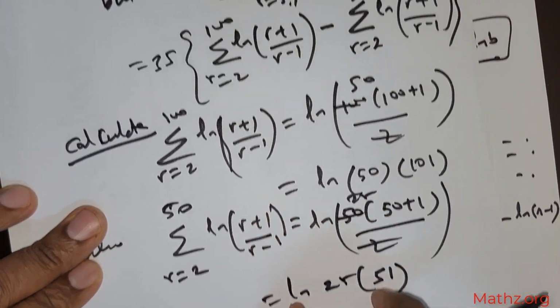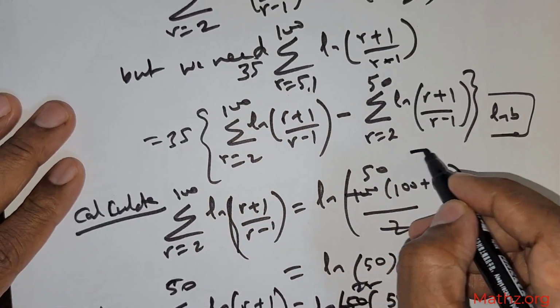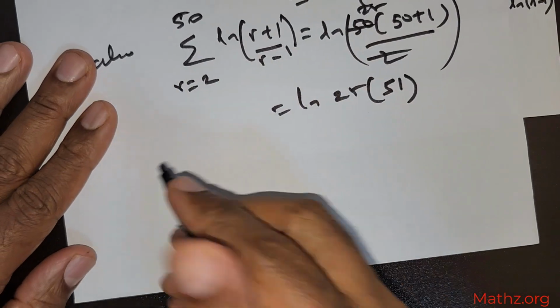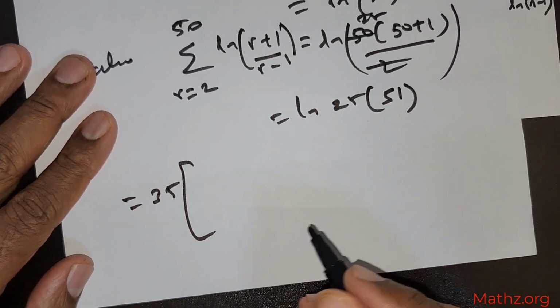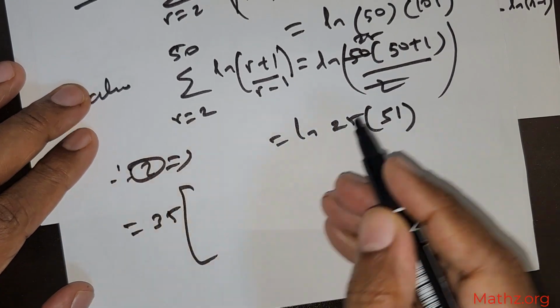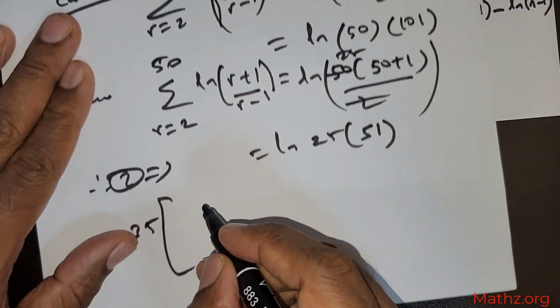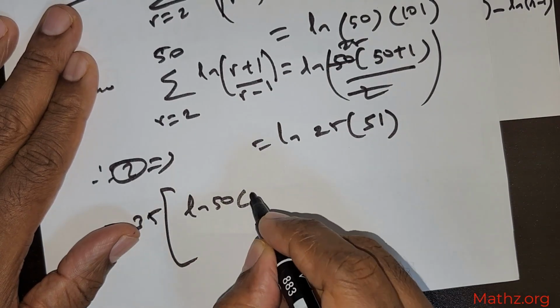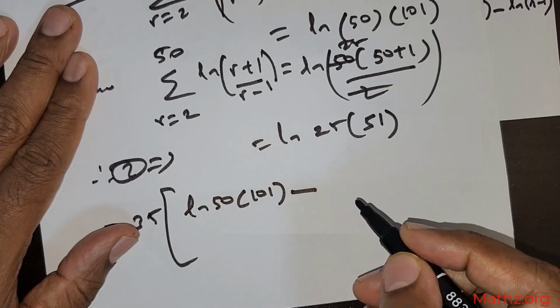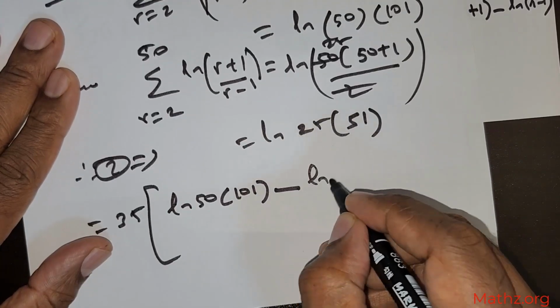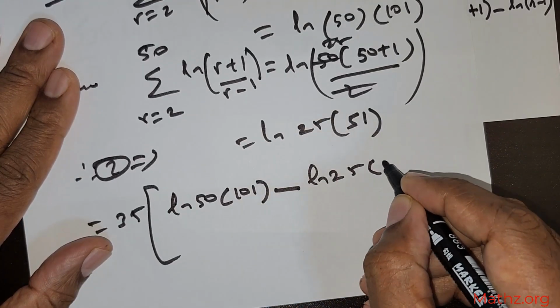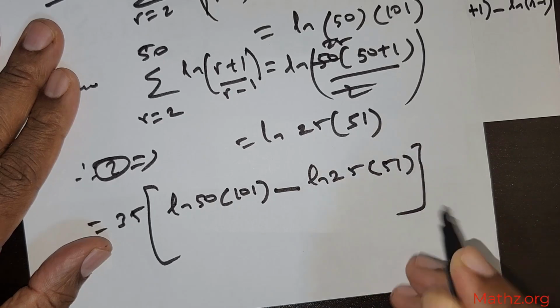Okay, so we take these two values and substitute it here. So this is equal to 35 into ln of 50 into 101 minus ln of 25 into 51.